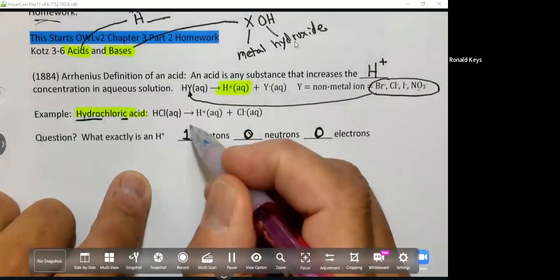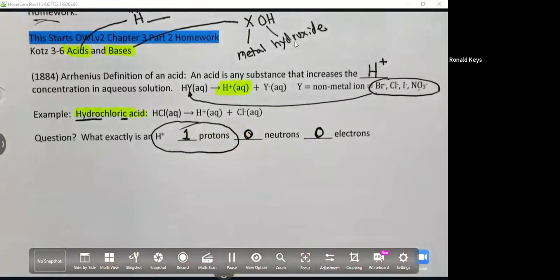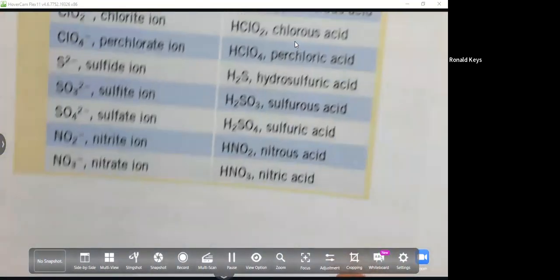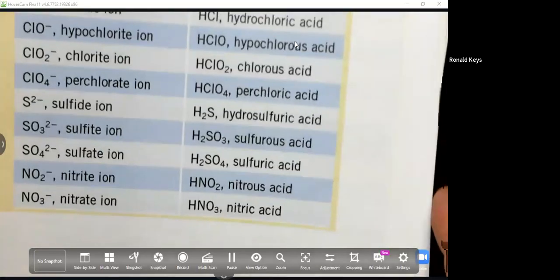That's all it is. This is simply 1 proton. That's it. So when you see an H plus, all it is is a proton. So the next page, hopefully, is stuff we've already done. Well, it is stuff we've already done. Naming common acids.